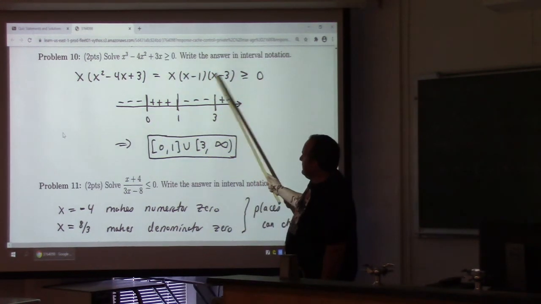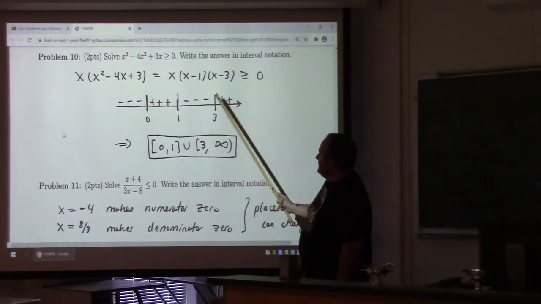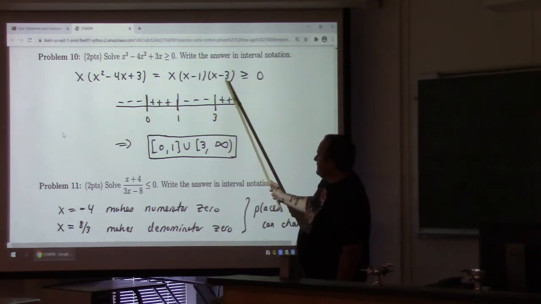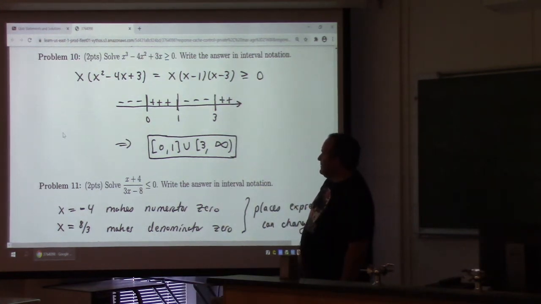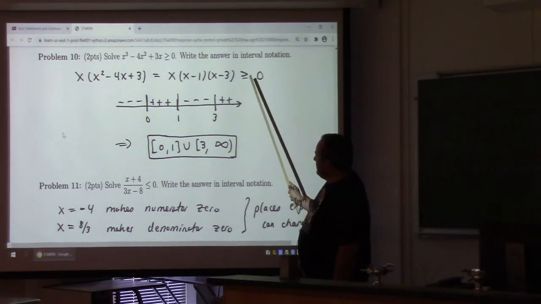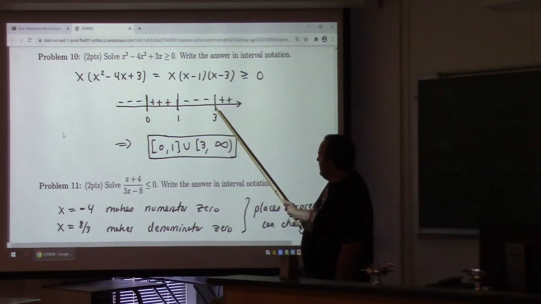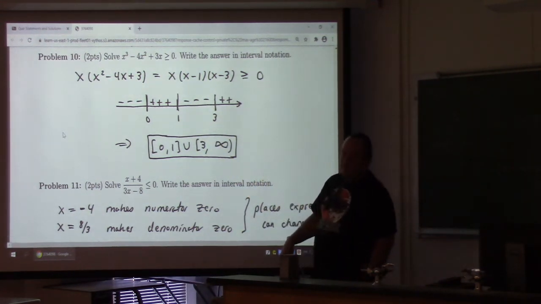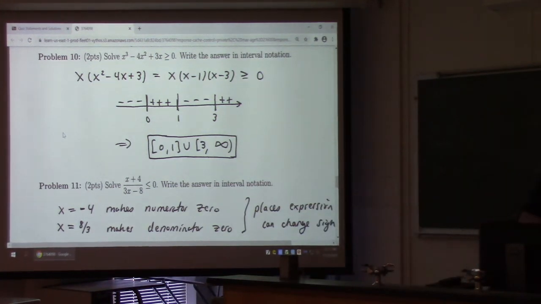I plug in some points and I get minuses and pluses and minuses and pluses. I get a sign flip at each 0 because these are odd powers, first powers, right? And so if I want that greater than or equal to 0, I need between 0 and 1, both included, or beyond 3, 3 included as well. Does that make sense? Yes, no, maybe so.